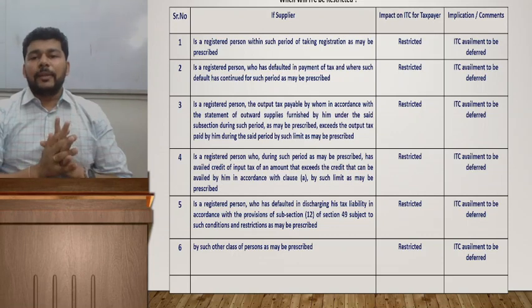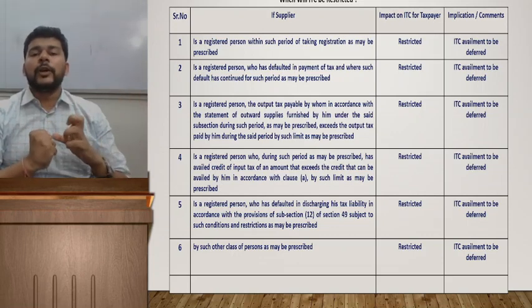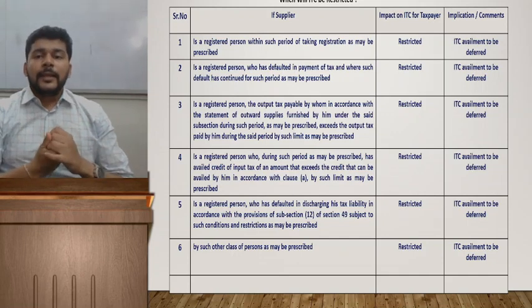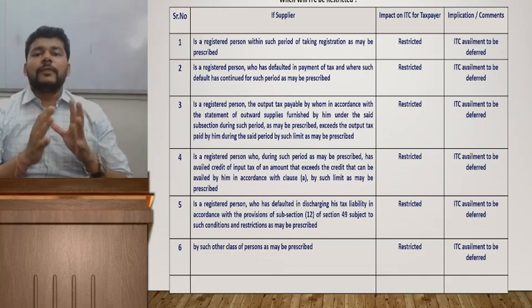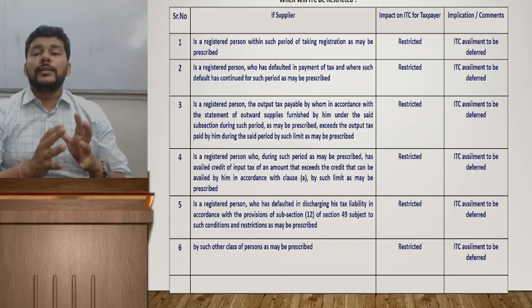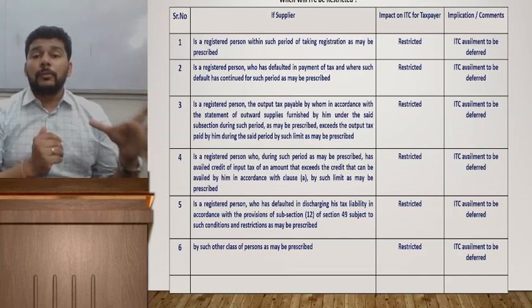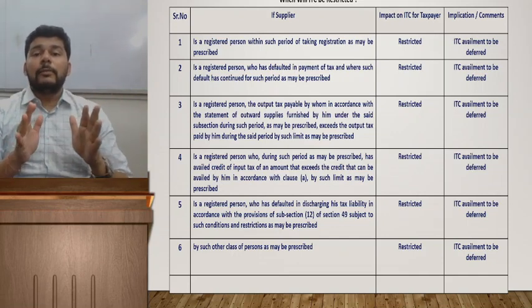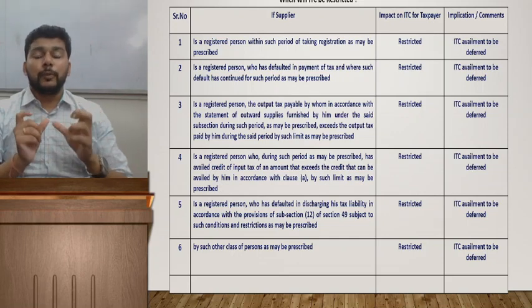Means if I am a taxpayer and my supplier has newly taken registration, then there is a specific time period up to which all the purchases made from him will, for the time being, be considered restricted input tax credit.